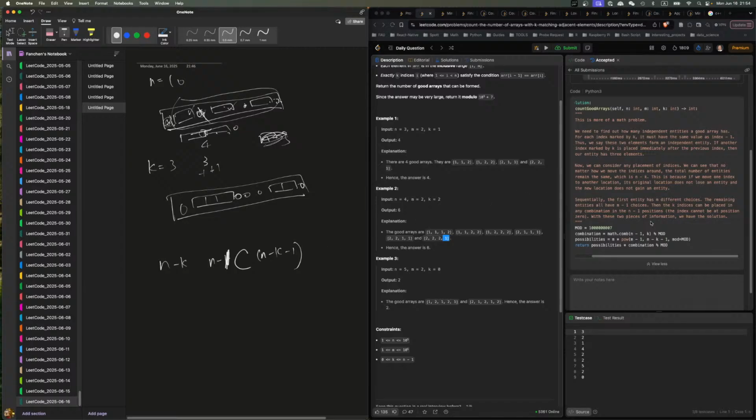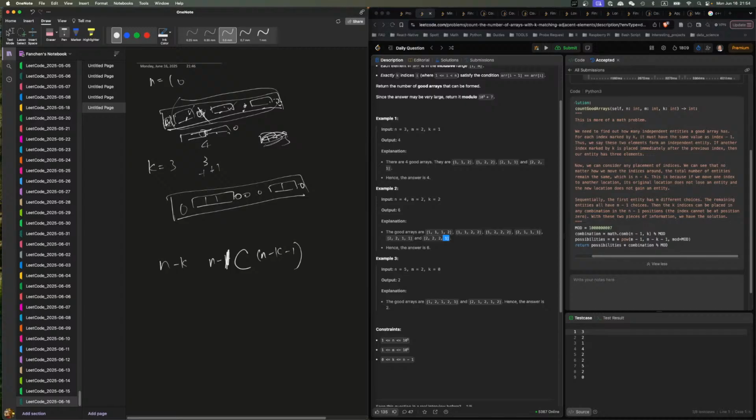Okay, I don't understand. N minus 1 choose k. Okay, n minus 1 choose k is just different k positions, because for the k positions I cannot include this. So that's n minus 1 choose k. That's what these things can be, right?